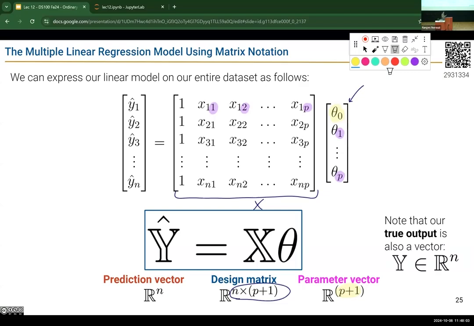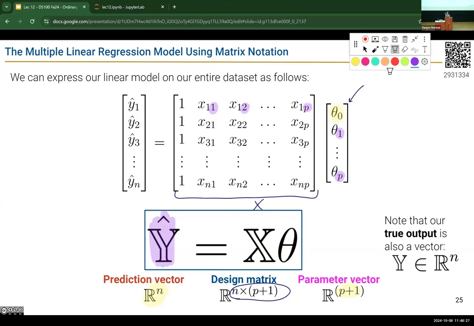And that's exactly what we're getting: a column vector that has n different dimensions. Those n values are all of the predictions that we want for each one of the data points, or observations, in our data set. This is how the dimensions match with each other. So we have a column vector of all of these predictions.